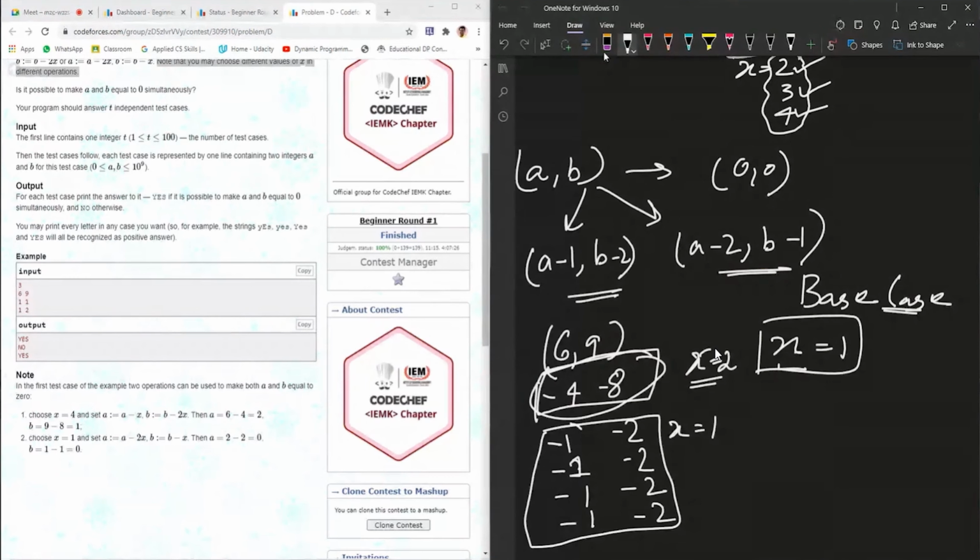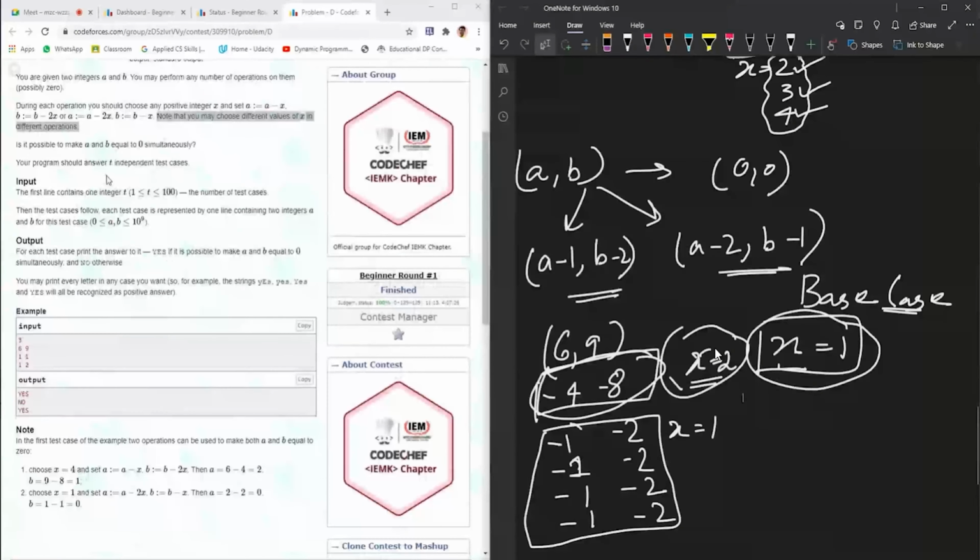Yes. So if I use x equal to 2 or I use x equal to 1, that doesn't matter, because with both I can achieve the same result. So why not use x equal to 1? That will simplify our problem, because it doesn't ask what is the number of steps or operations I require.